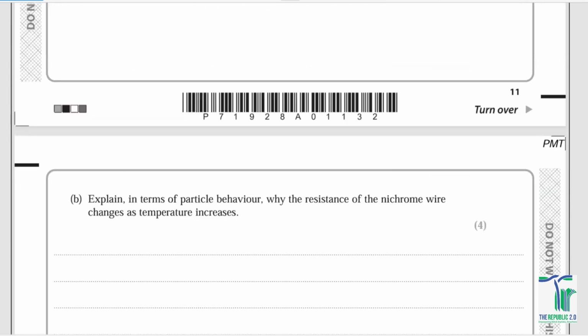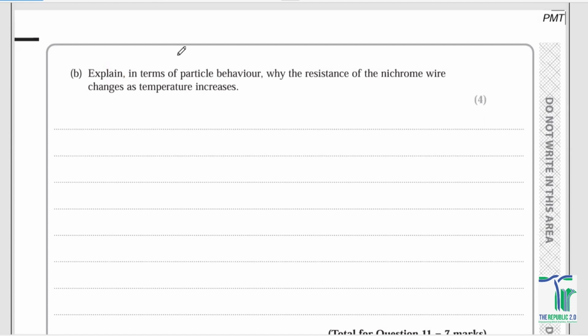Now, in this B part, explain in terms of the particle behavior why the resistance of the nichrome wire changes as the temperature changes. So first of all, we just need to talk about why the resistance of the nichrome wire changes as the temperature changes.